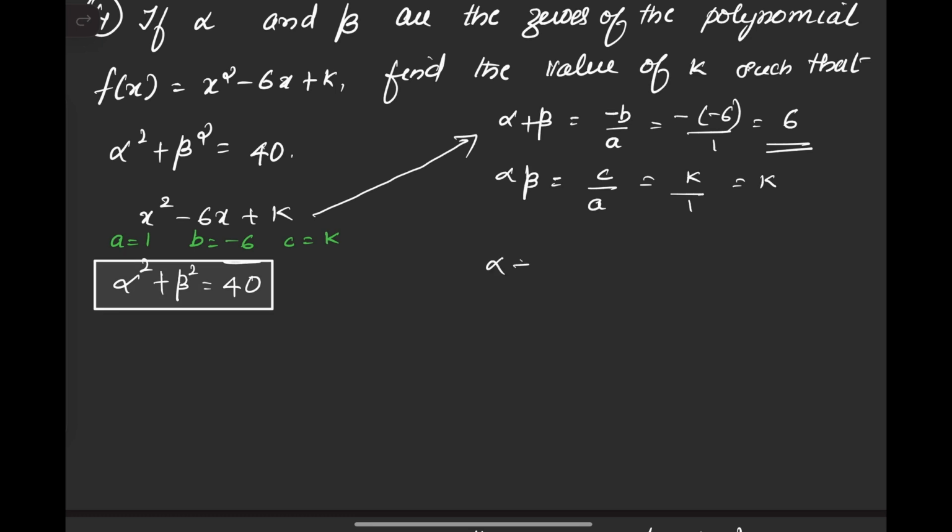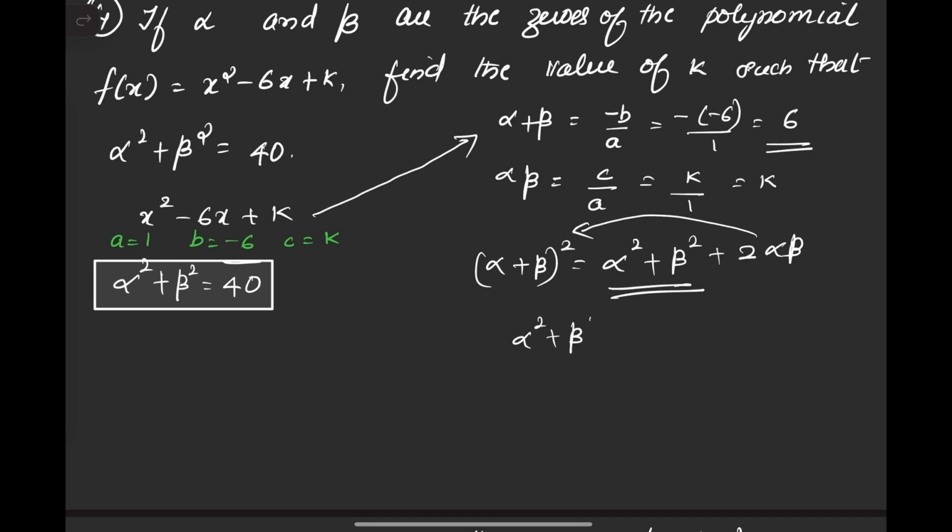We have an identity: alpha plus beta the whole square is alpha square plus 2 alpha beta plus beta square, right? If I shift this 2 alpha beta to the other side, I get alpha square plus beta square equal to alpha plus beta the whole square minus 2 alpha beta, right?